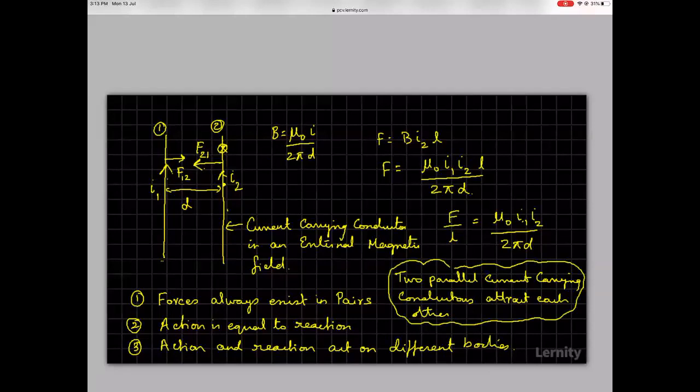Two parallel current carrying conductors attract each other. If they carry current in the same direction, they'll attract each other. If they carry currents in opposite directions, they will repel each other. Can you make some notes?